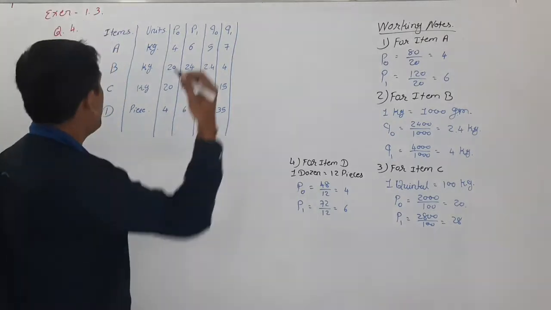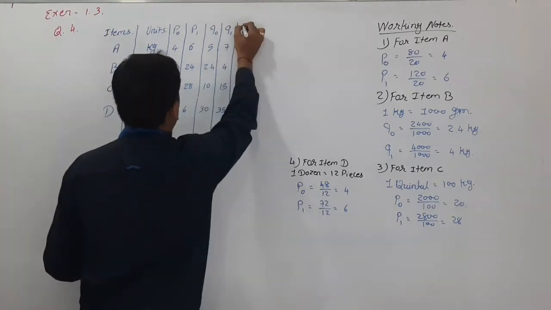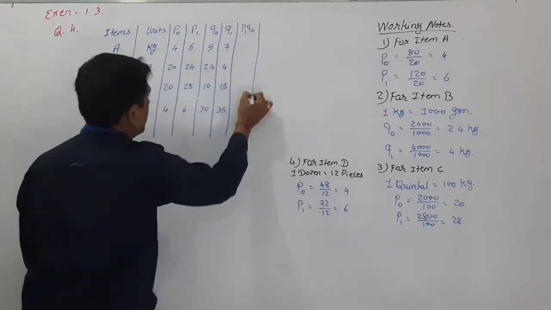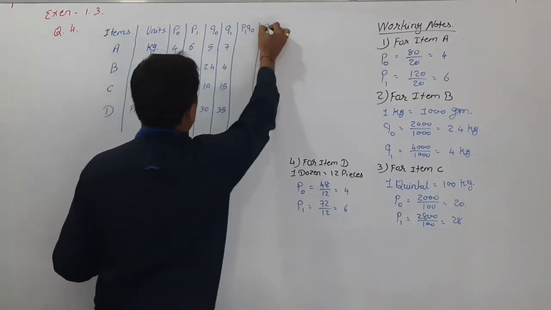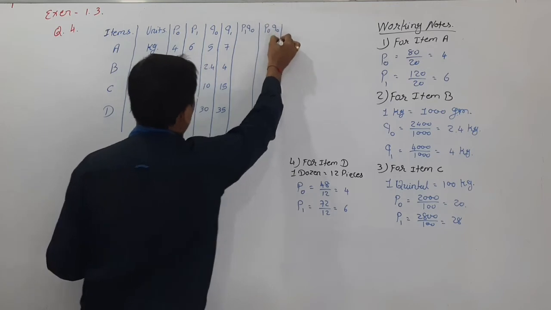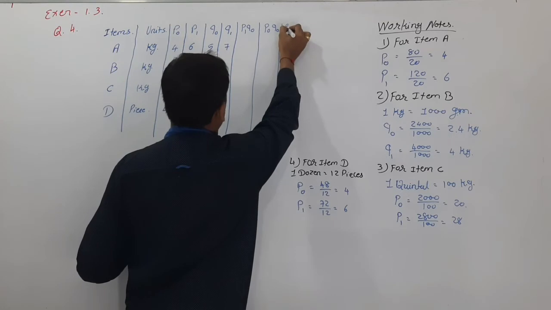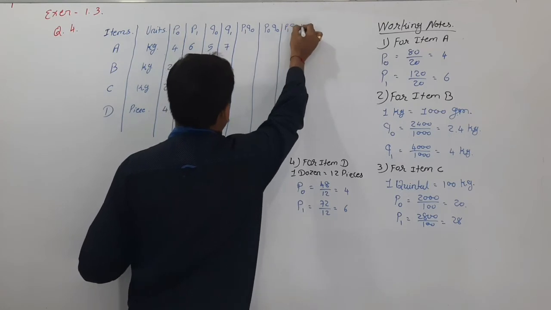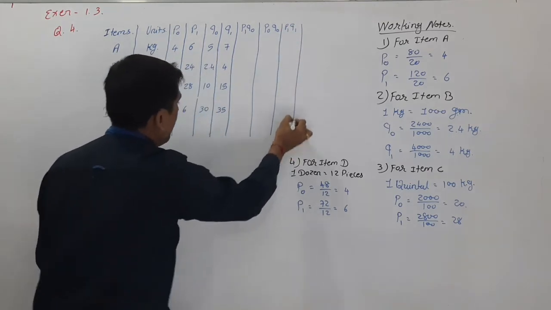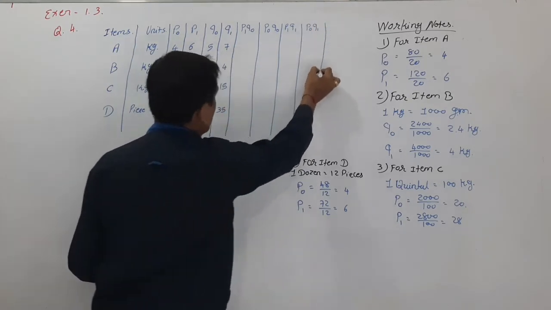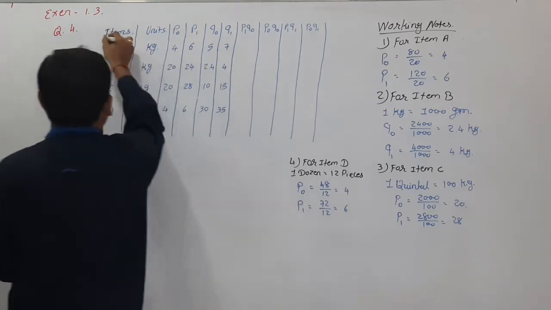Now simply, we have to multiply P1 Q0, then P0 Q0, then P1 Q1, and then P0 Q1. So here we have to make 4 columns.